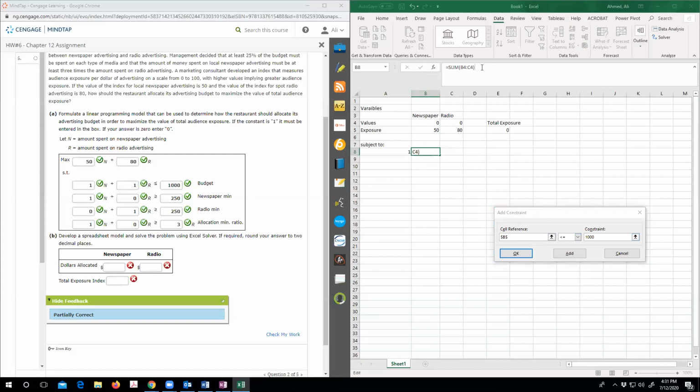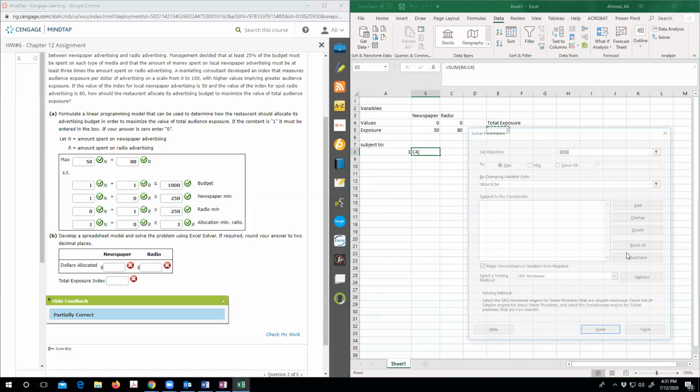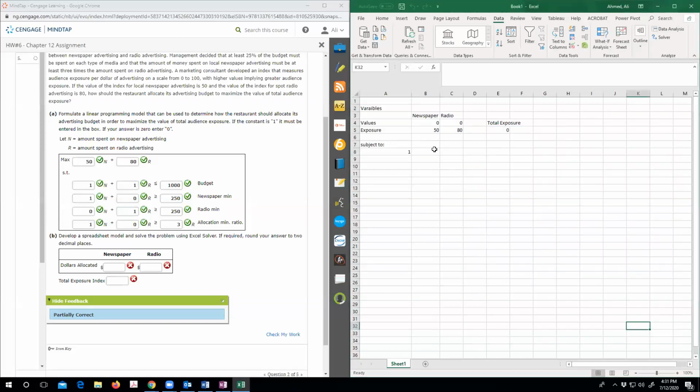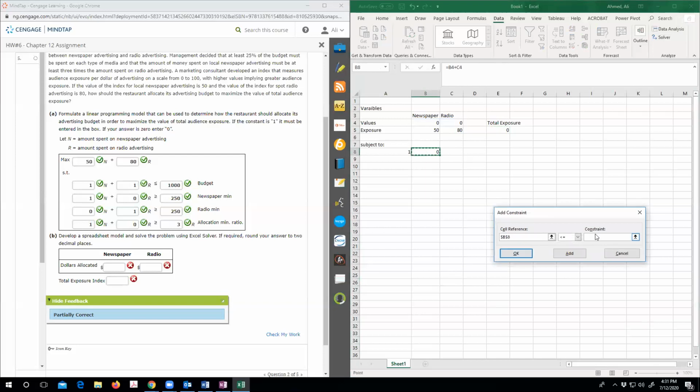We can just write here B4 plus C4, and then go to our solver and add a constraint of this cell less than 1000.